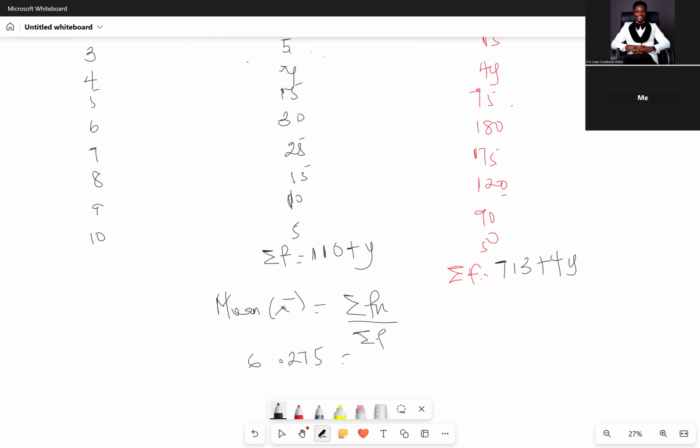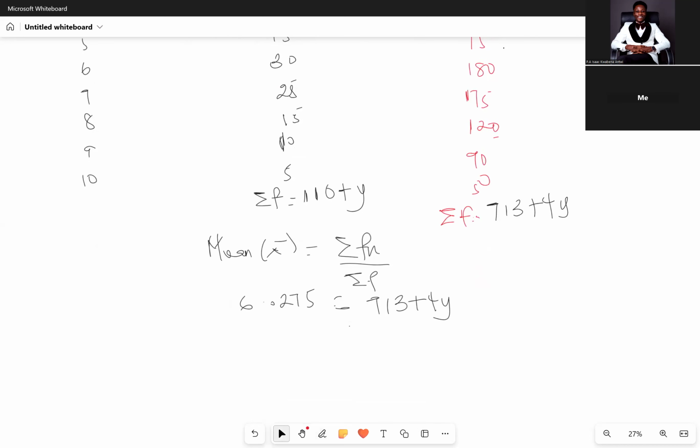Sigma fx is 713 plus 4y, all over sigma f, which is 110 plus y. So you cross multiply, you have 6.275.